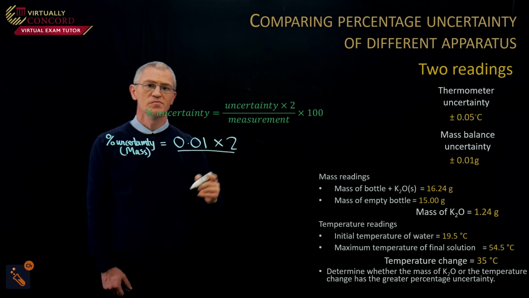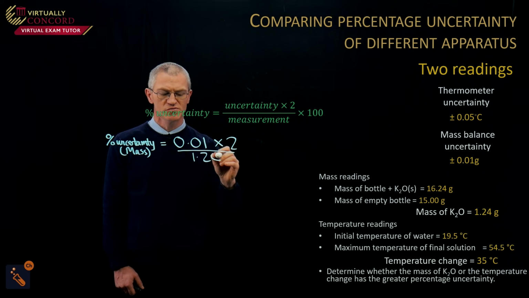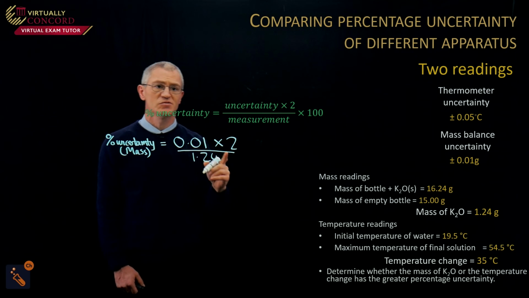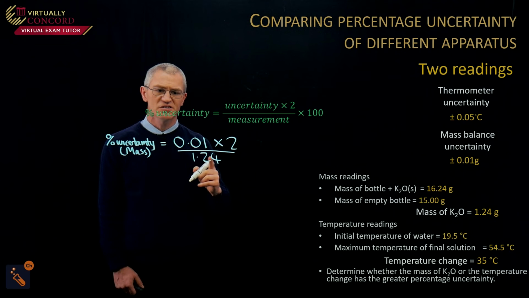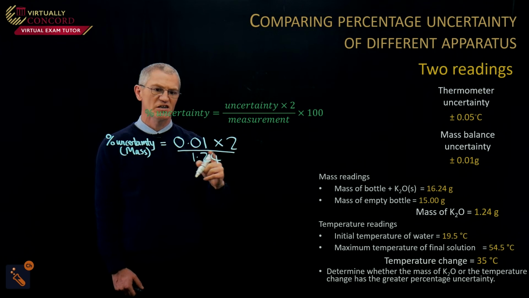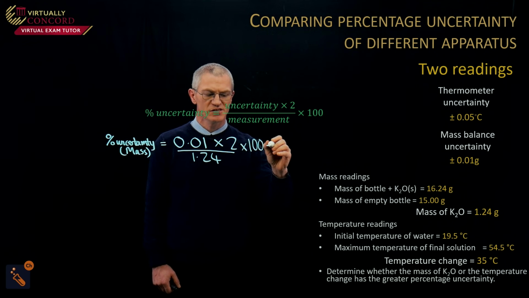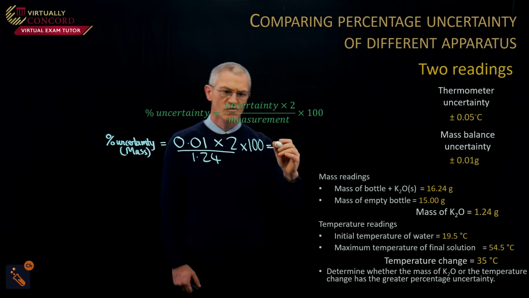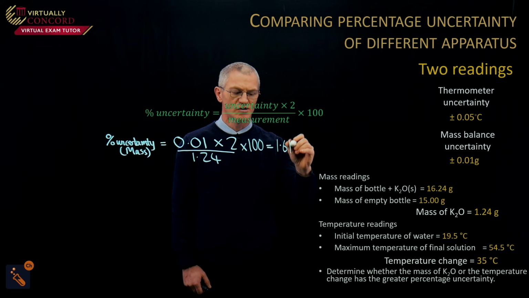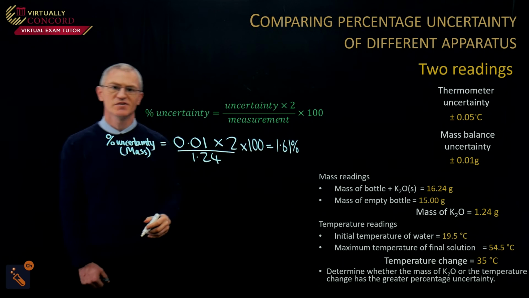We know overall our mass was 1.24 grams. So if we do 0.01 times 2, divided by 1.24, and times that by 100 to get the percentage, we get 1.61%. So we've got 1.61% for the first one.